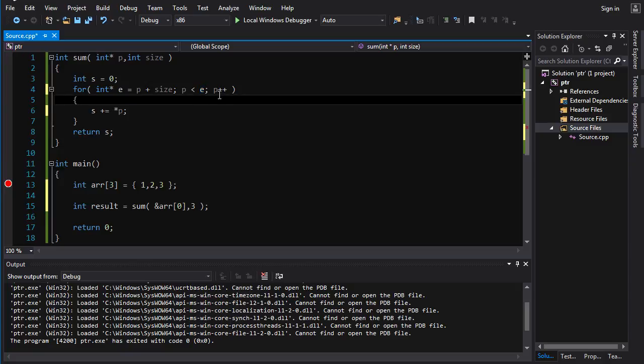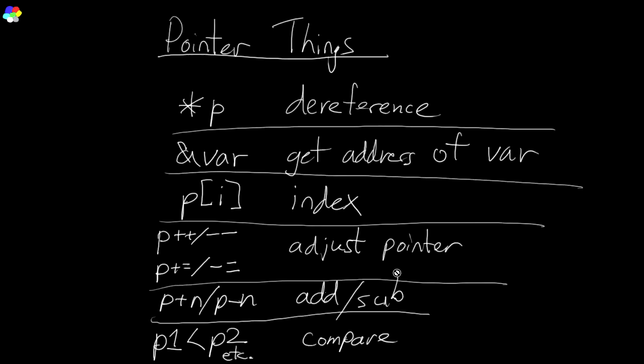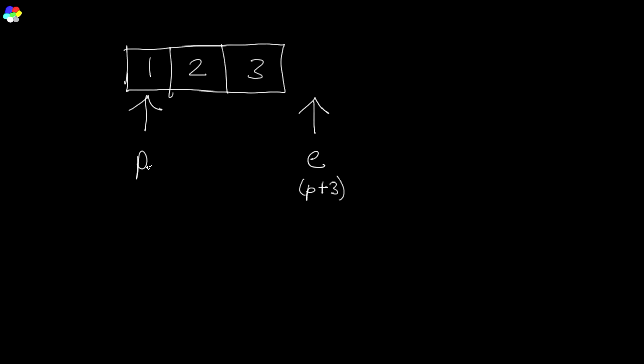And what we're going to do is keep moving P over until it reaches E, and every iteration we're going to add up the sum. So the idea here, at the beginning of our function, P is going to point to the beginning of the array, E is going to point to the space in memory after the last element. And this is important. So we calculate E by doing P plus 3, which will give a pointer to here.